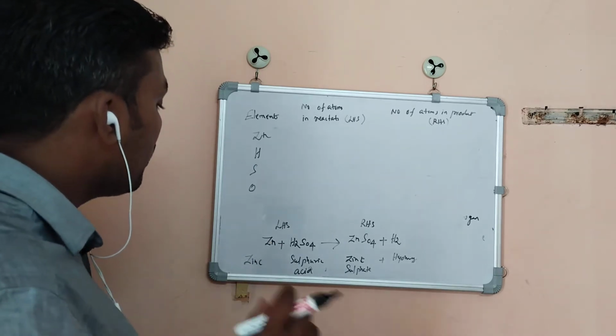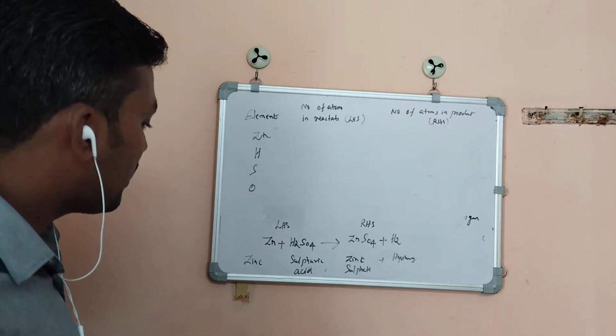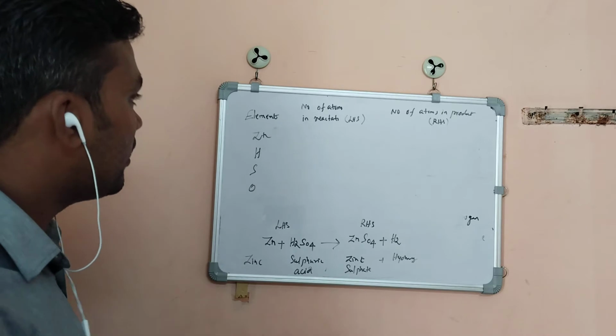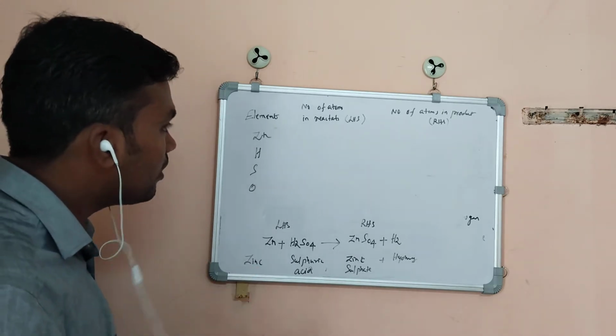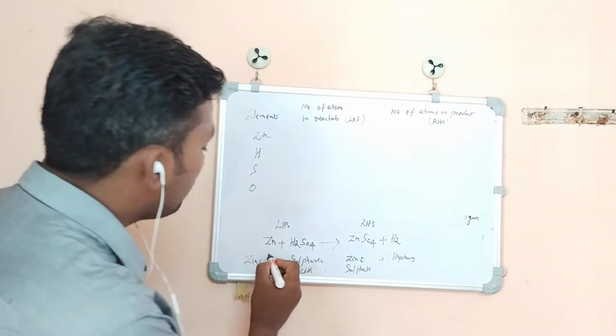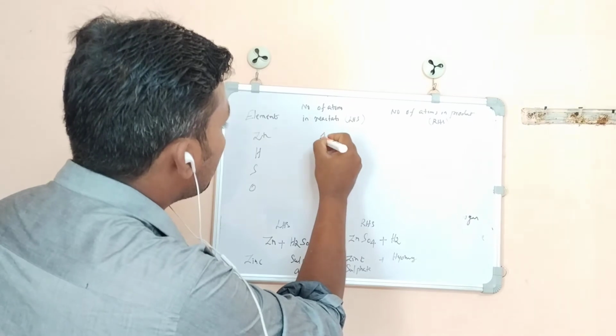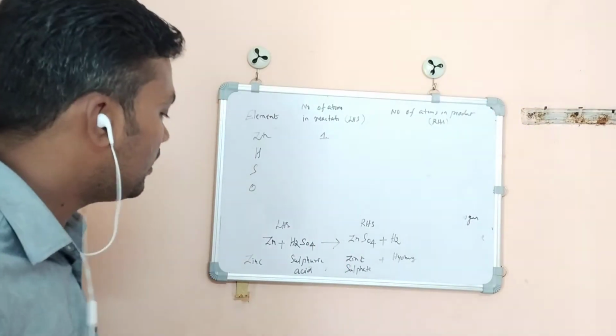Okay, then count the number of atoms present in the reaction, in the reactant side. Now we are going to count the number of atoms in the reactant side. How many atoms are present? In the zinc case only 1 atom is present here.